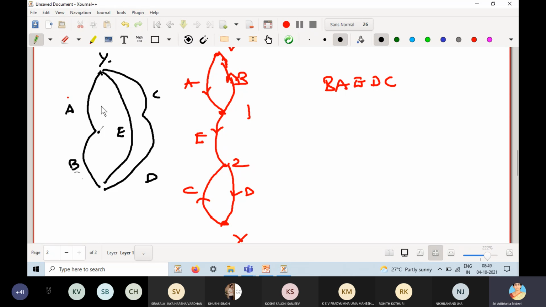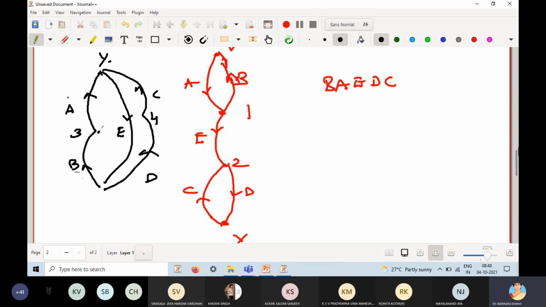So here I can have one more node 3. Here I can have node 4. Again, what is my path? B, A, E, D, C.